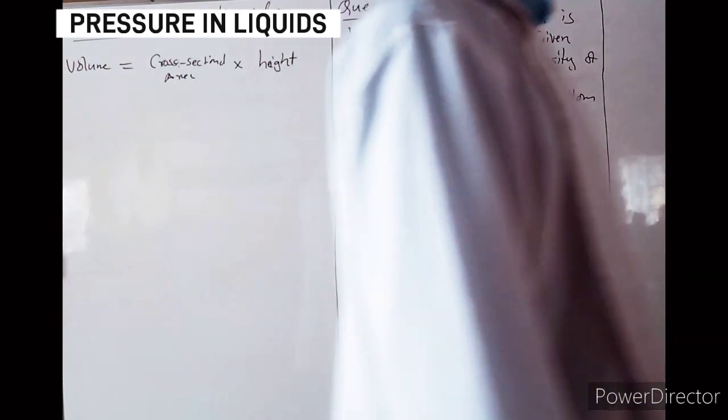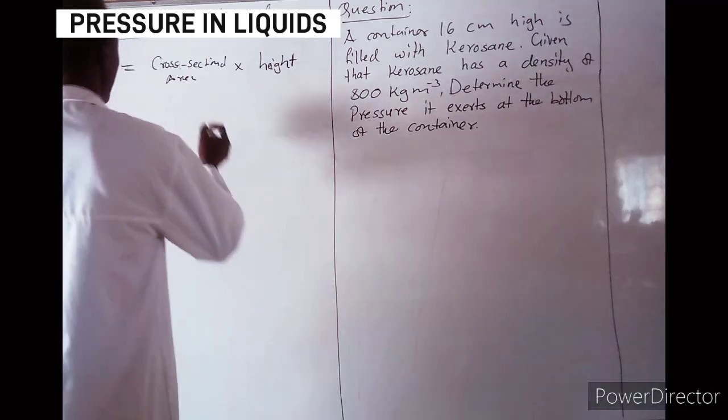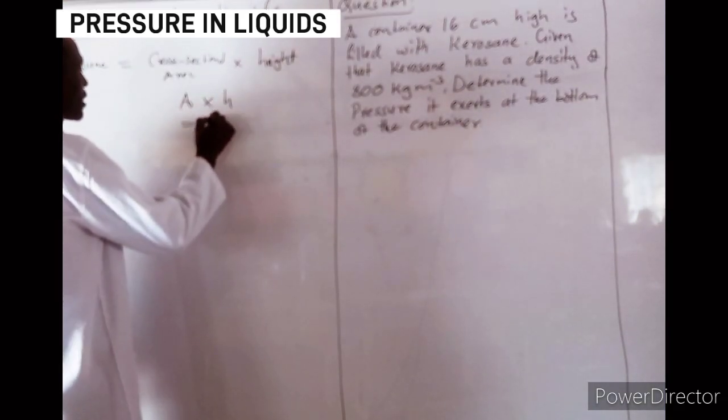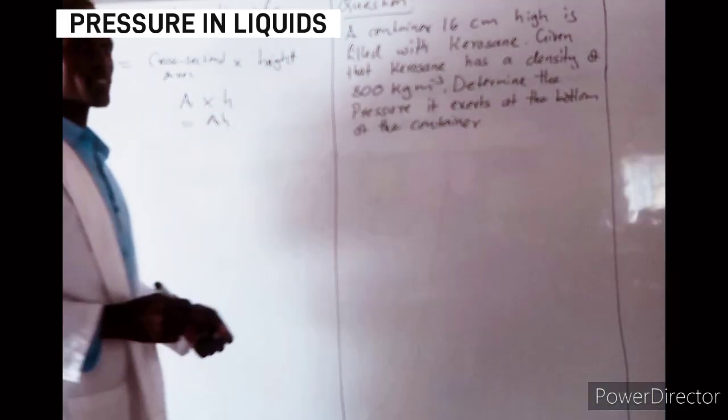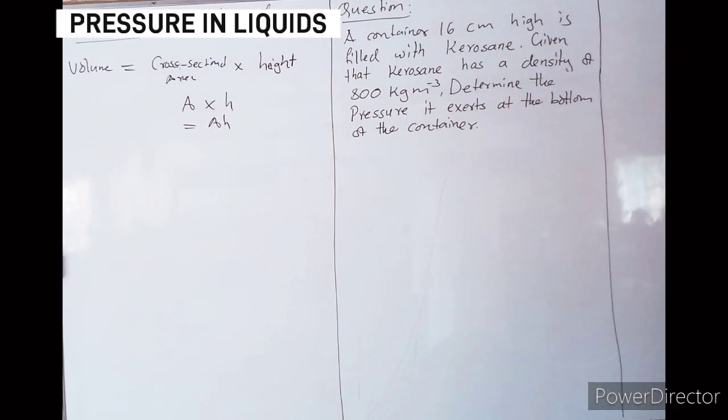So for any given liquid in a container, we get the volume by multiplying the cross-sectional area times the height, which we can call AH.